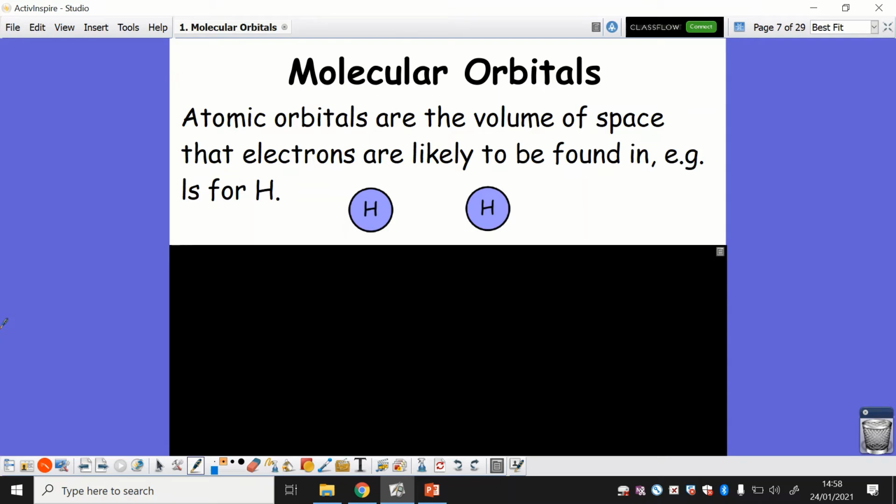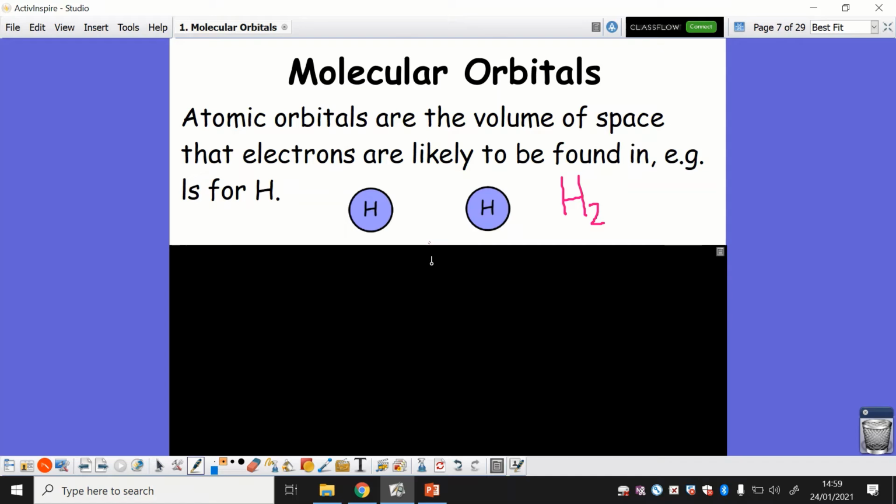So, a nice simple molecule to begin with. We have hydrogen. We know that in each of these hydrogen atoms, there is 1 electron in the 1s orbital. We know that hydrogen naturally exists as H2, so these 2 orbitals, well, something must happen to them.